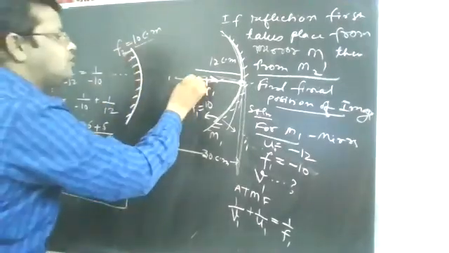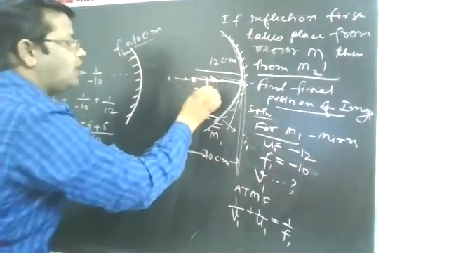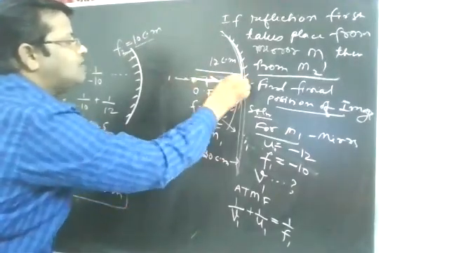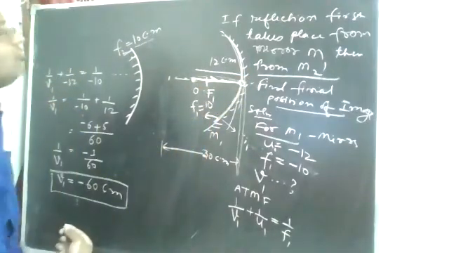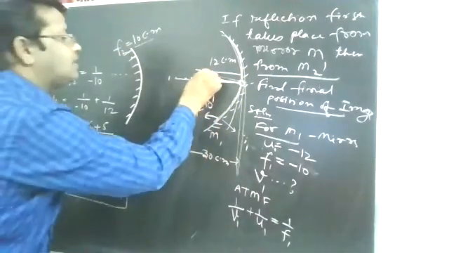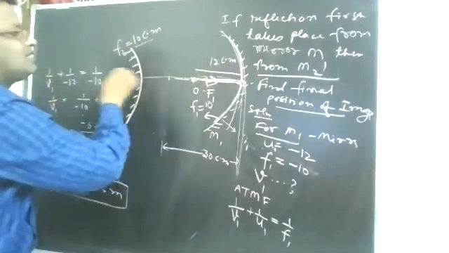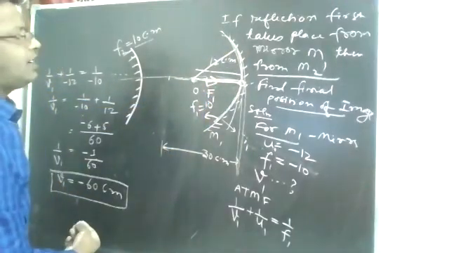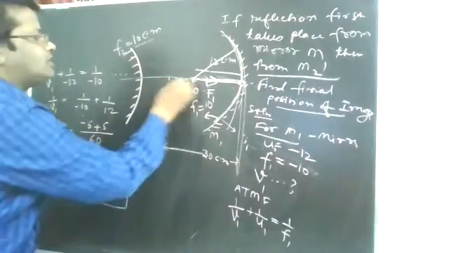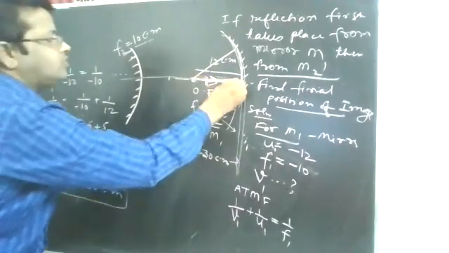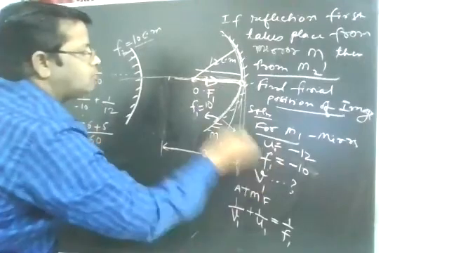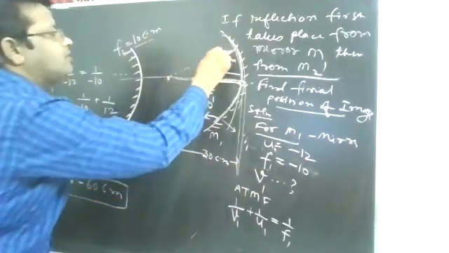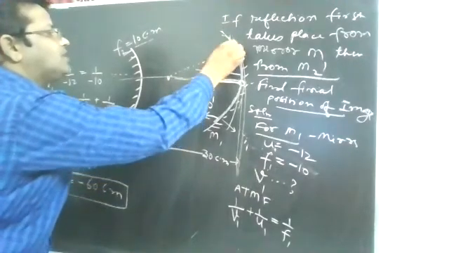Now, for this object, this is the focal length F1. A ray parallel to the axis passes through the focus point, so it will pass like this. The second one, like this. Now, how can we draw the diagram? This is the center of curvature. 10 is the focal length, so 20 is the radius of curvature. Draw the normal. If it is coming from this side, it will go from this side.